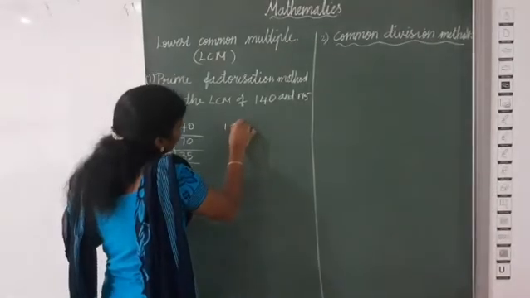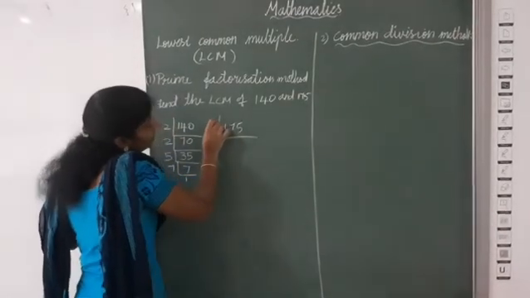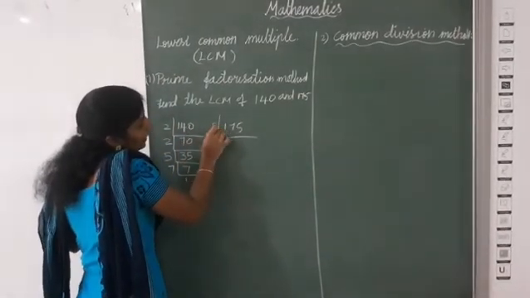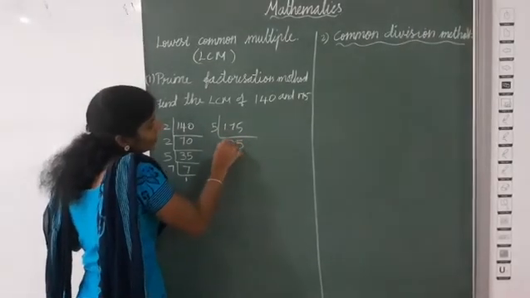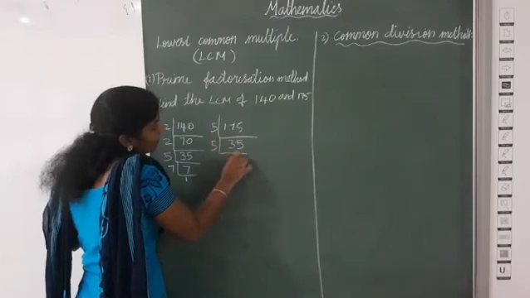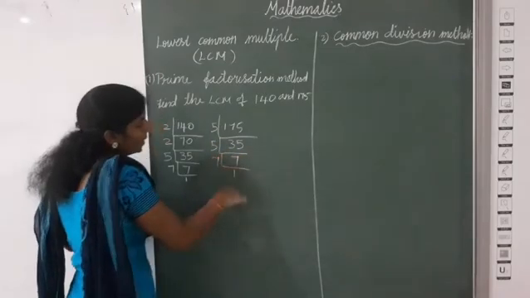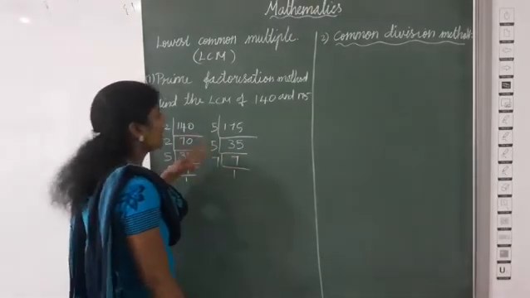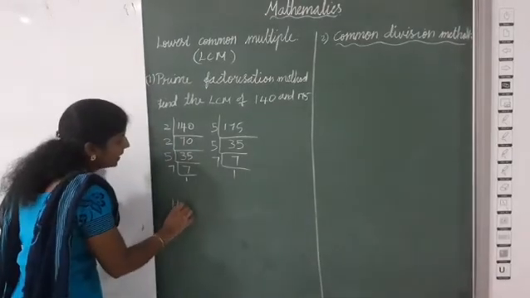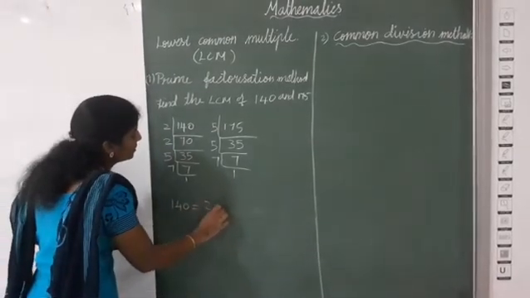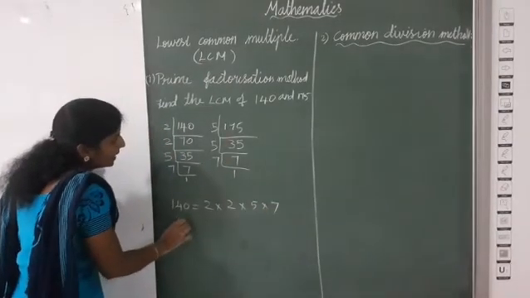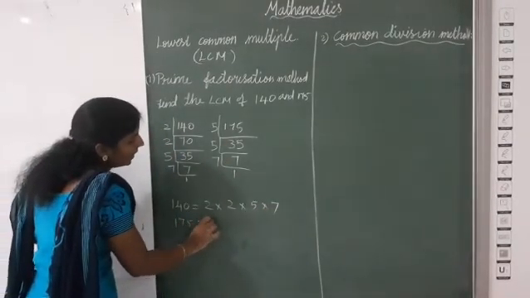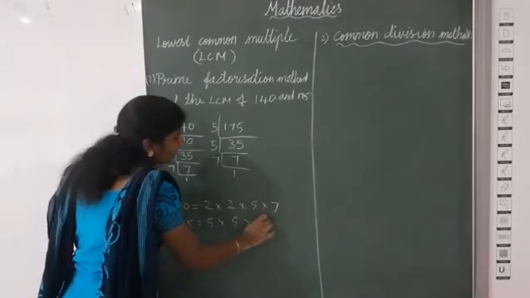Then 175: 5 table, 3 5s are 15, 2 balance, 5 5s are 25; then 5 table, 7 5s are 35; 7 table, 1 time. Now we can write the prime factors of 140 equal to 2 into 2 into 5 into 7. Then 175 is equal to 5 into 5 into 7.